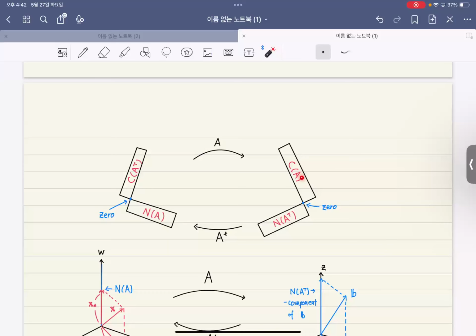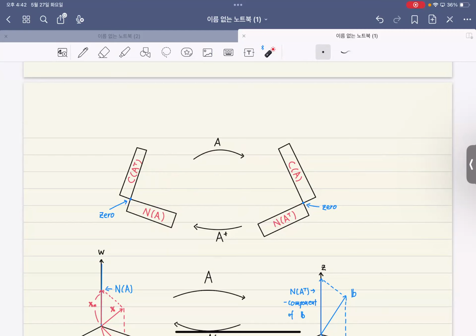Then under A plus, this is going to be 0, and this is going to be the same point. Here, under A plus, you start from this point and go to here, and apply A again, and you arrive at the same point. But the null space goes to 0, and the left null space goes to 0 under A plus.